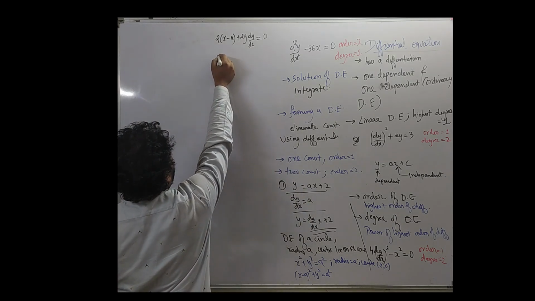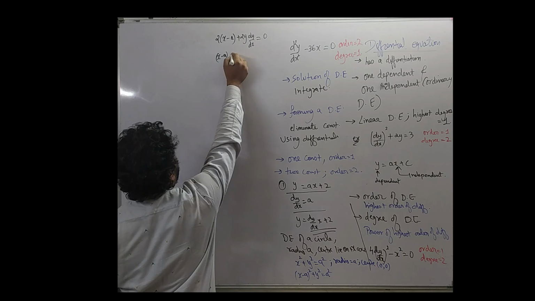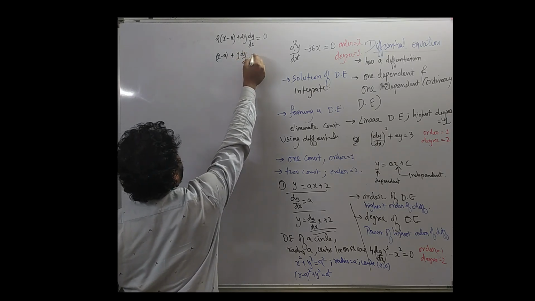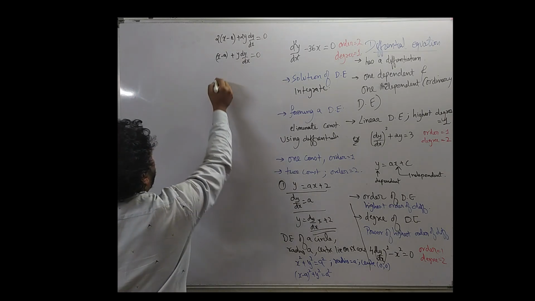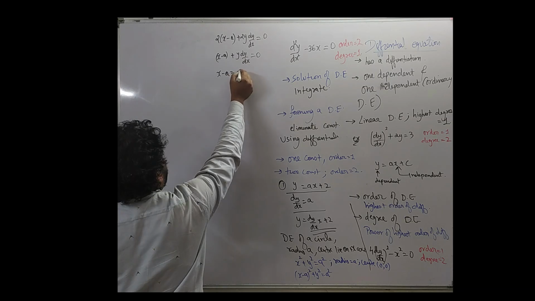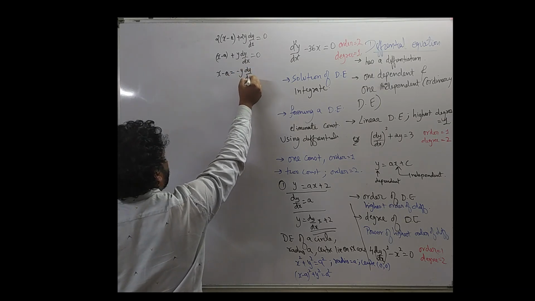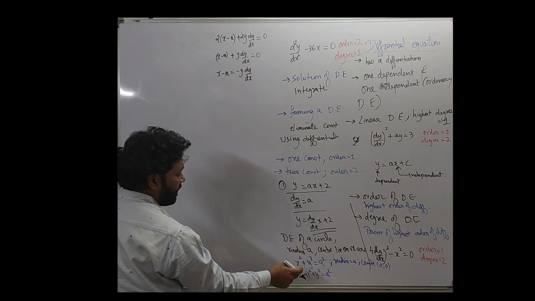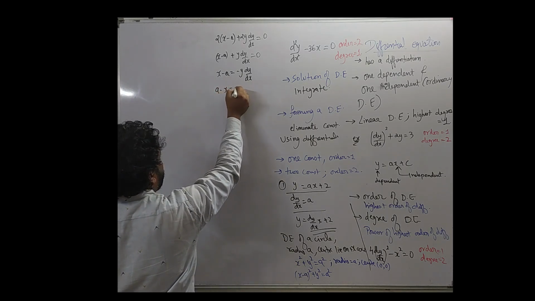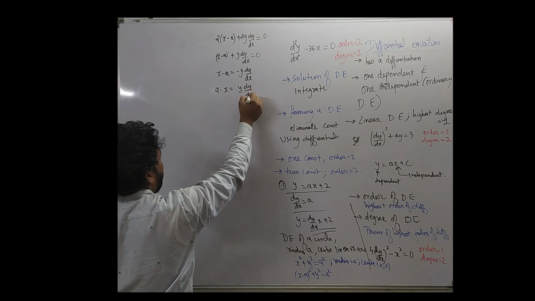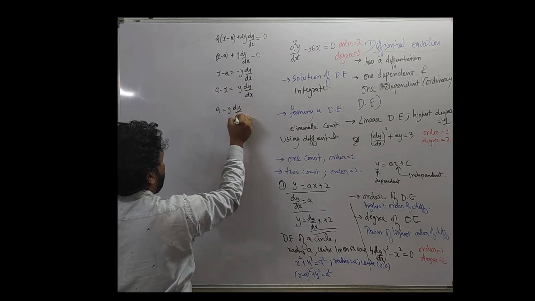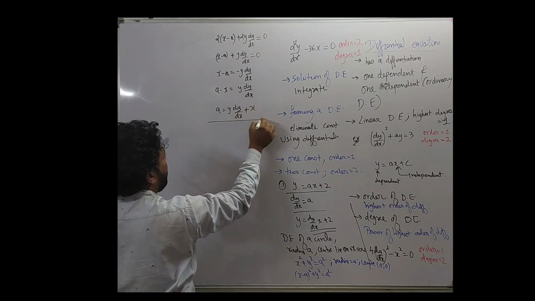So here we have (x - a) + y dy/dx = 0, so x - a = -y dy/dx. We'll find the value of a and resubstitute in this equation. So a - x = y dy/dx. I have taken negative common from both the sides. So a = y dy/dx + x.